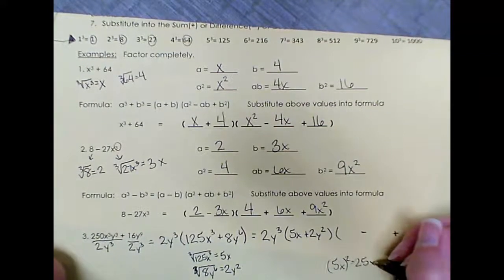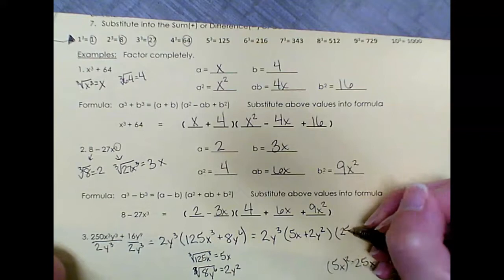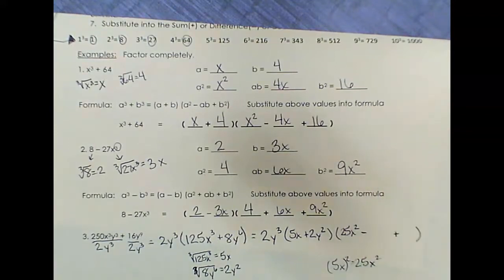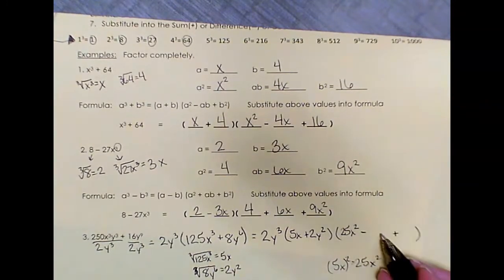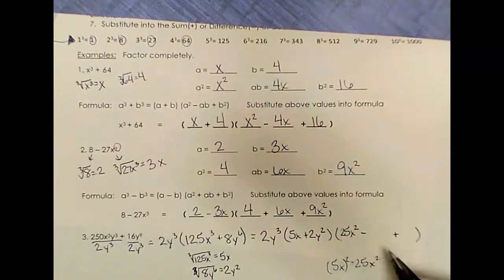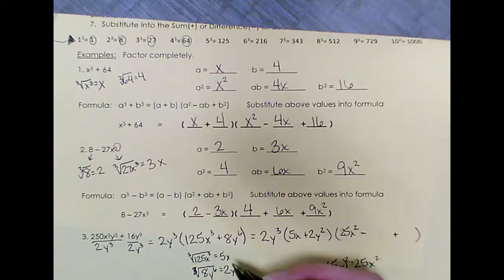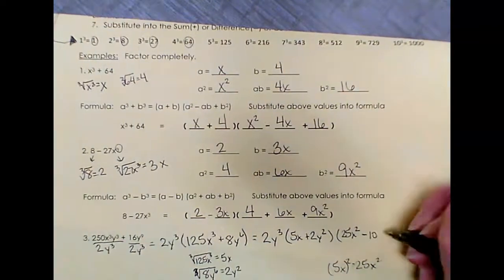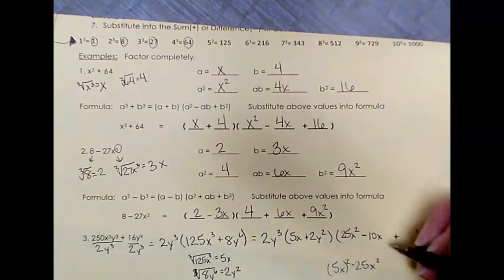If I square x, that's x squared. Minus ab, so a times b would be 5x times 2y squared. 5 times 2 is 10xy squared.